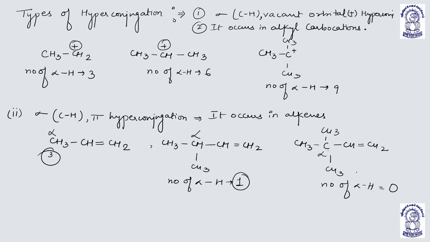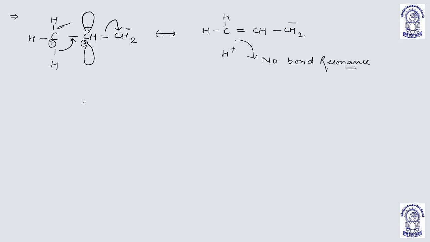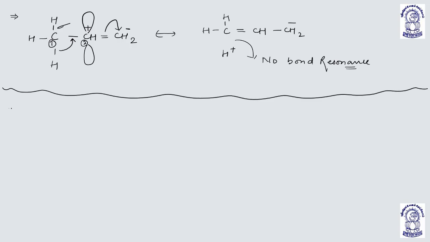Then comes the third category, in which sigma carbon-hydrogen and odd electron hyperconjugation. It is seen in free radicals.